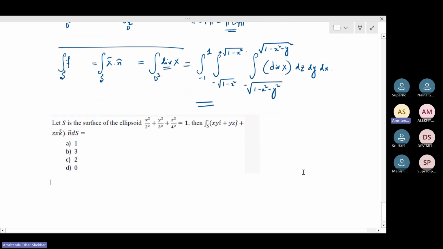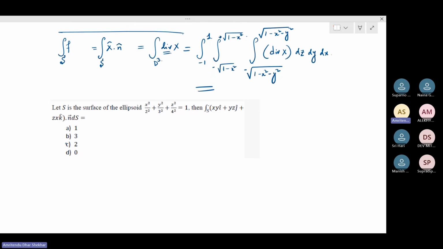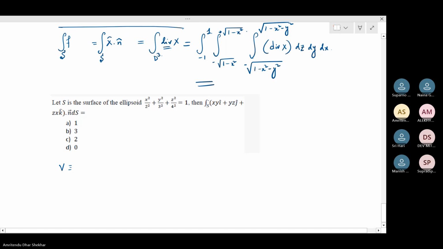So let's apply the divergence theorem. So you have a vector field V, which is given by xy i cap plus yz j cap plus zx k cap. Okay.